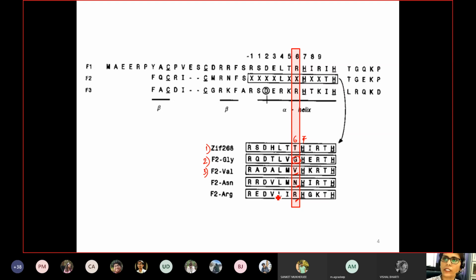So what they did in this assay, they kept F1 and F3 as they are, whereas in the middle domain, especially at the X position, they changed this with different varying amino acids. And with this amino acid at the background, they had also changed the aspartic acid presence here, and they mutated it to alanine.